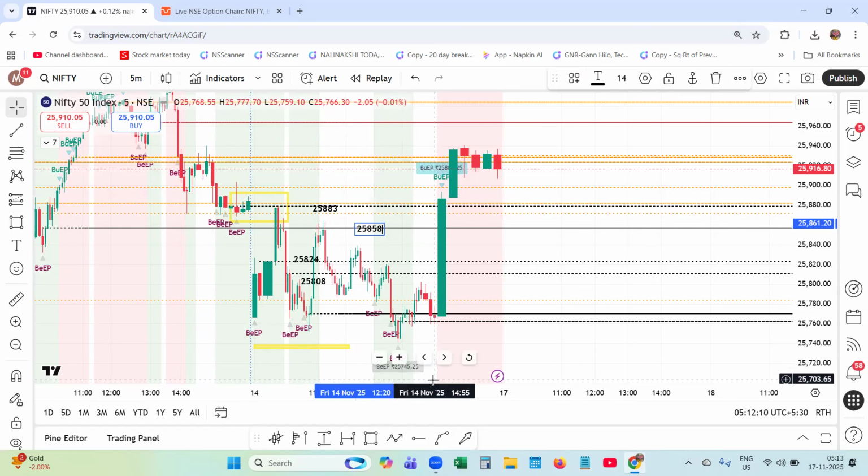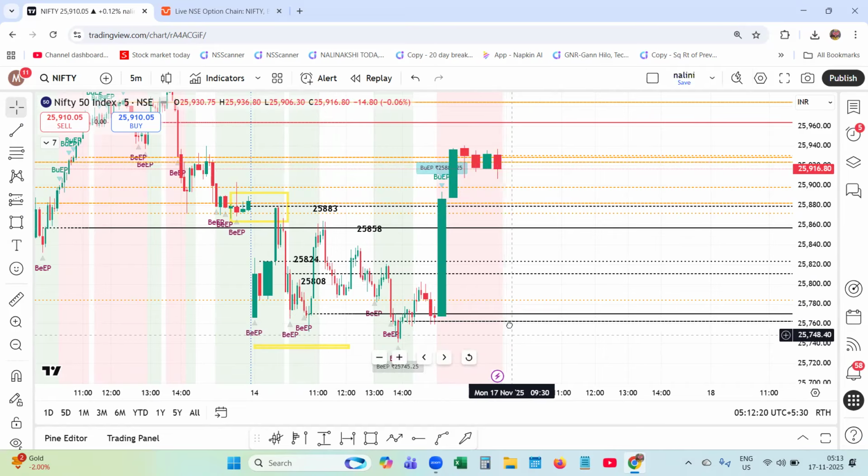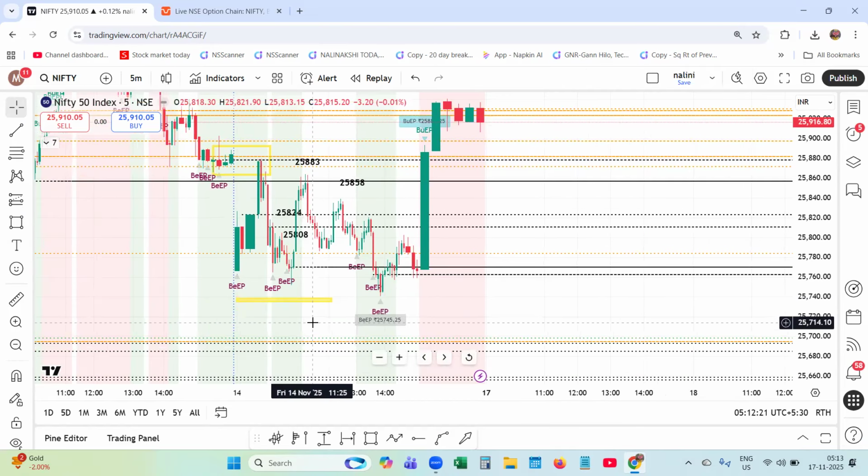The market came down to the level, and when it tested this level, it broke this level too. It broke this level too. It is a common price action I have observed in the market.